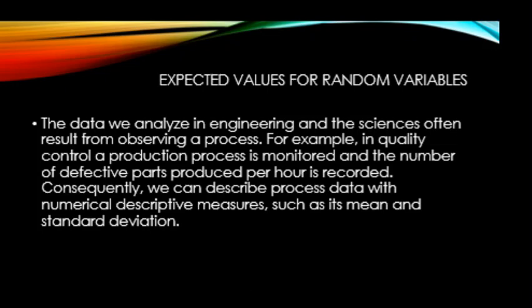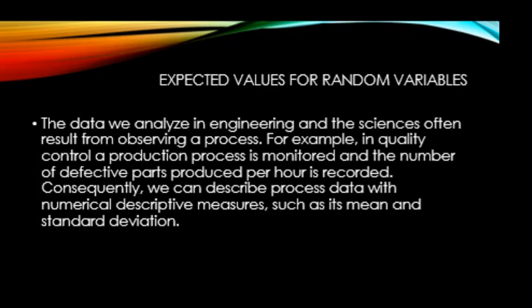Okay, now what we have seen here is that we have a discrete variable, and it's similar to the data that we had seen earlier. So when we have data, especially in cases of engineering and sciences, or scientific processes, for example, in quality control, a production process is monitored and the number of defective parts produced per hour is recorded.